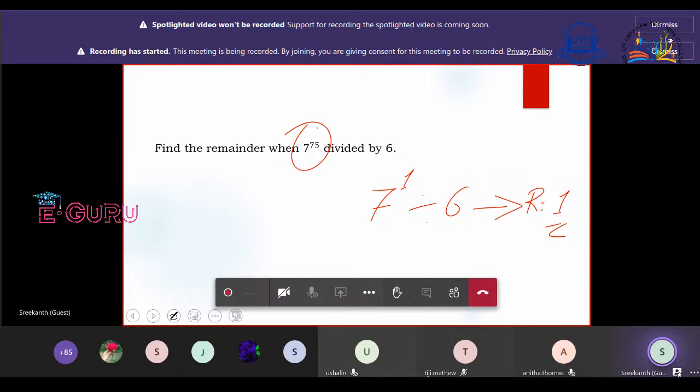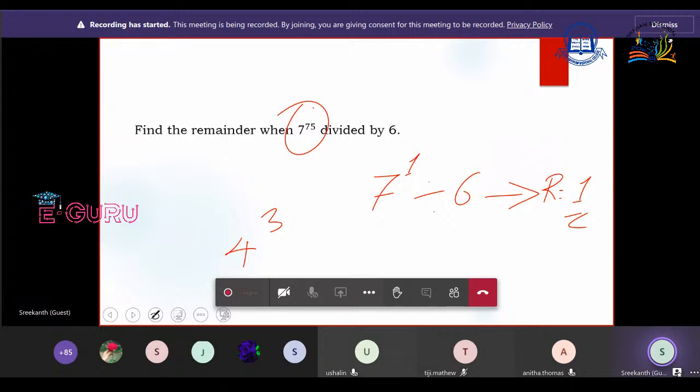Another example, let it be 4. 4 cube divided by the previous number, 3. We know 4 cube is 64. 64 divided by 3 means the remainder is 1, because 21 into 3 is 63 and the remainder is 1.